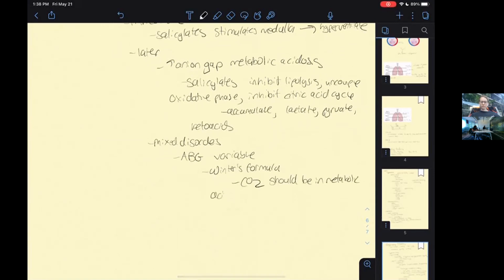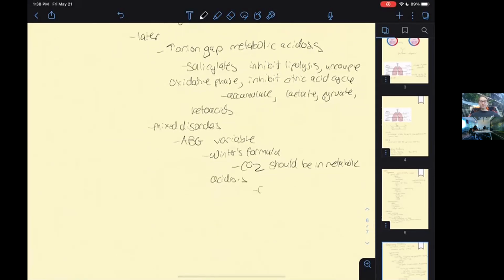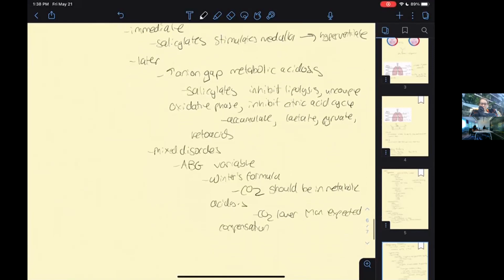But in the case of aspirin overdose, the CO2 is lower than expected for compensation. If you were thinking about compensation for a metabolic acidosis, you would have respiratory compensation that would decrease your CO2, but it's even lower than expected.